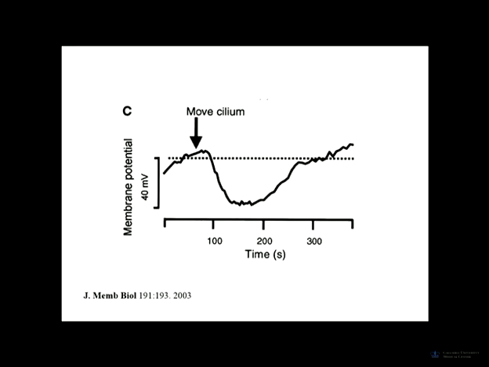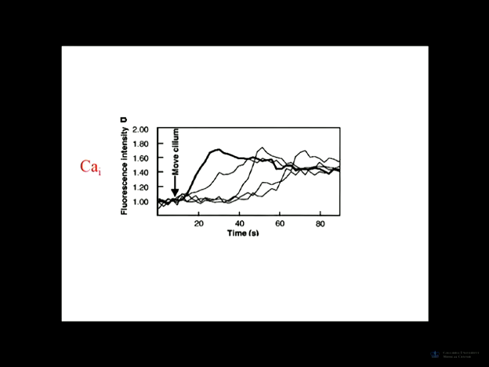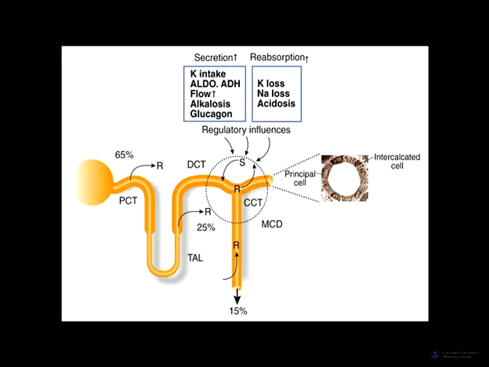You find that the membrane potential depolarizes immediately, and that the intracellular calcium goes up. It turns out that the flagellum has calcium channels that are what are called stretch activated. In other words, when you touch them, they increase intracellular calcium. It's an incredibly cute result. Okay, so let's summarize how we control potassium secretion.